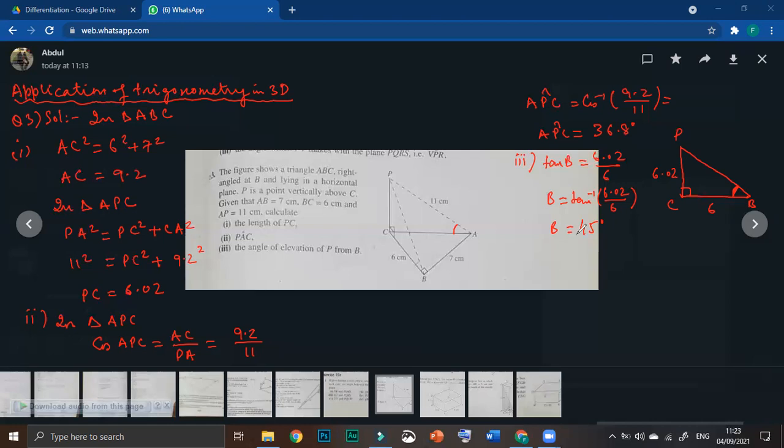If in the practical situation the triangle is right angle, but on the paper the triangle is not looking like a right angle triangle, then we will draw the triangle separately.